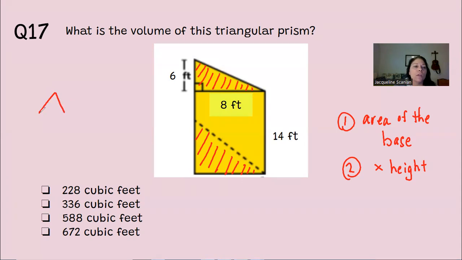Let me see if I can show you that in a better way. This may or may not help depending on how good you are visually with objects. So here is another view of a triangular prism. And what I'm telling you is that we could number these sides.